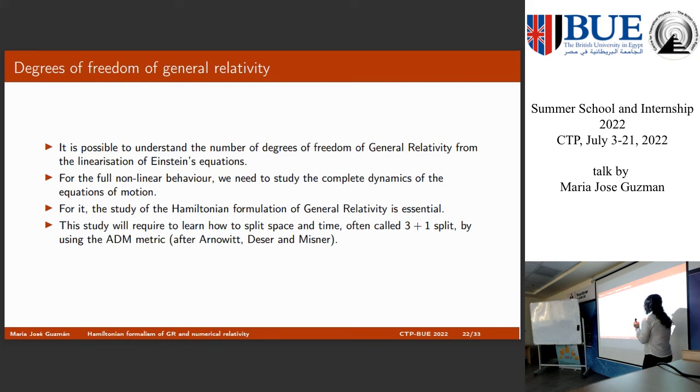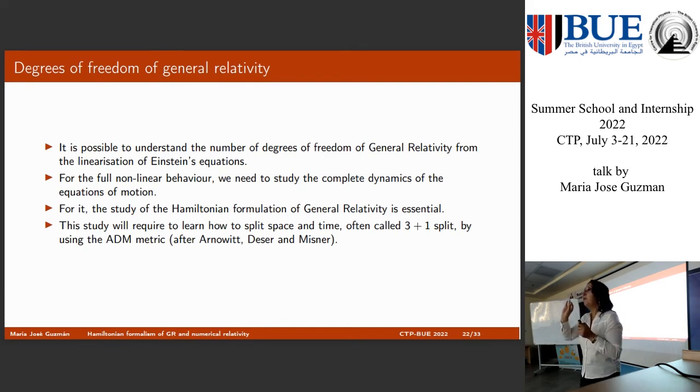But you can also find the number of degrees of freedom in general relativity through linear perturbations. This linear approximation is true when you have very weak perturbations of the gravitational field. In the examples that concern numerical relativity, these perturbations are very strong, so you cannot trust linear theory, and that's why we have to go to the nonlinear regime to study the full nonlinear behavior.